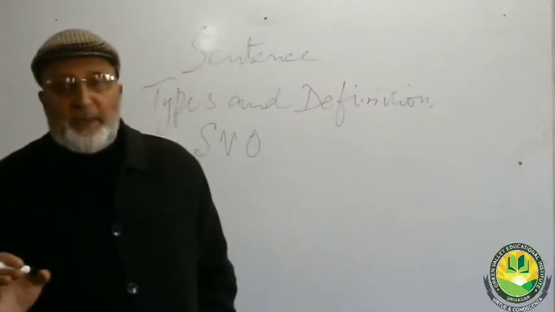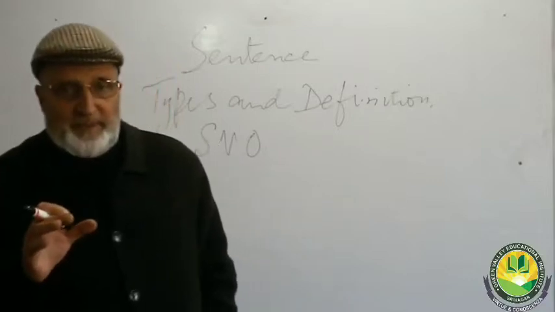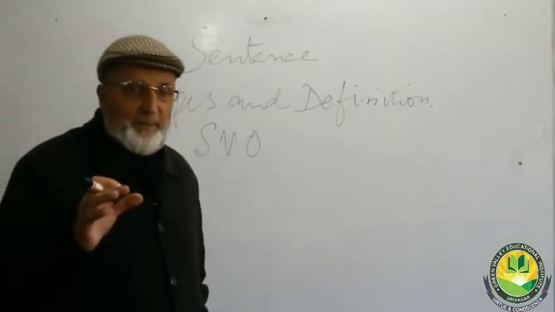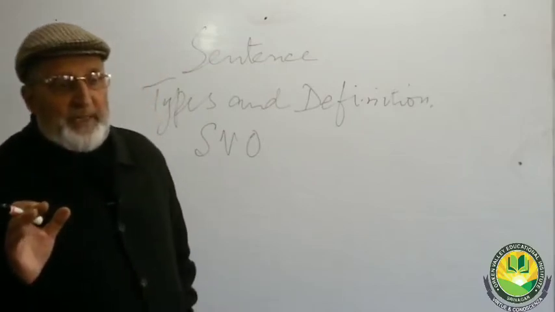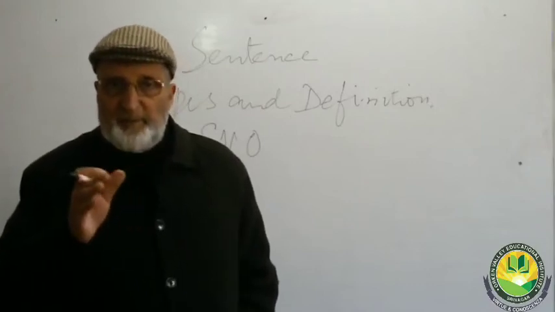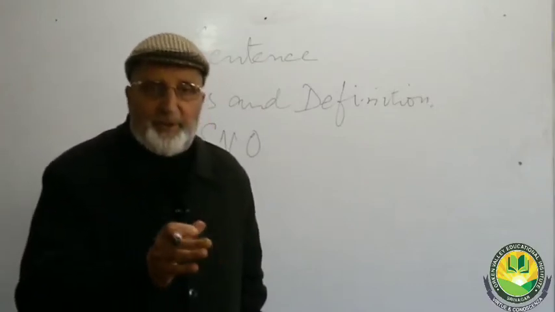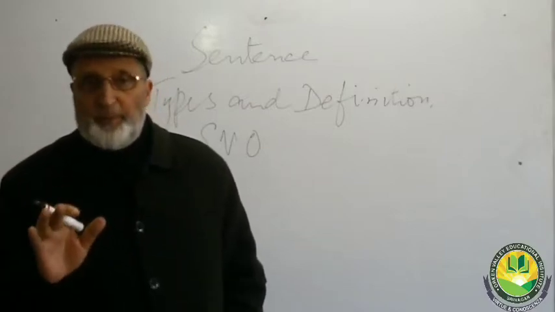Now, so far as the definition part of the sentence is concerned, let's elaborate it a bit. We come to the conclusion that a sentence must have three elements: subject, verb, and object. We can drop out subject, we can drop out object, but we can never drop out verb.